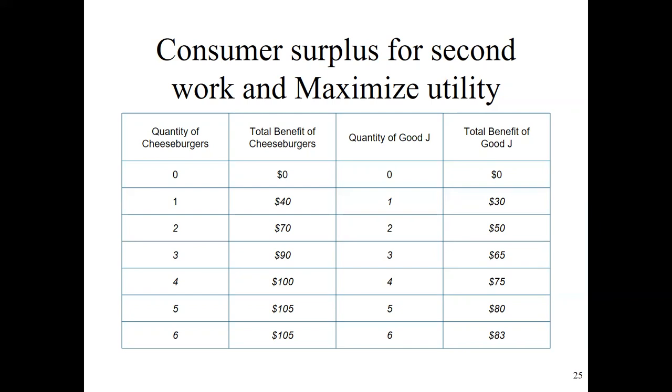Forty minus 0. Second one is. And then we're even, right? Okay. Ethel, could you go down the total benefit to K?